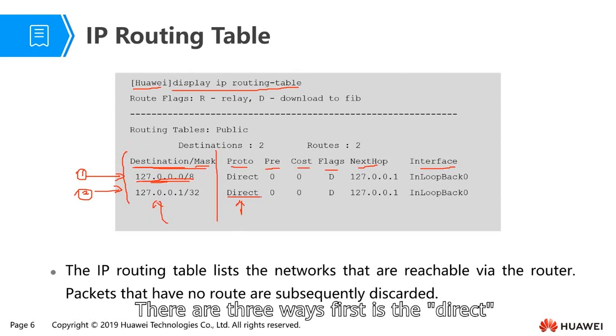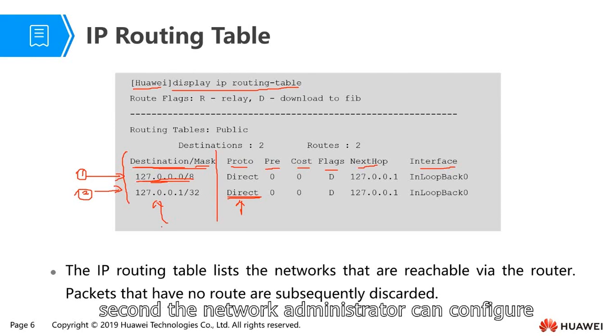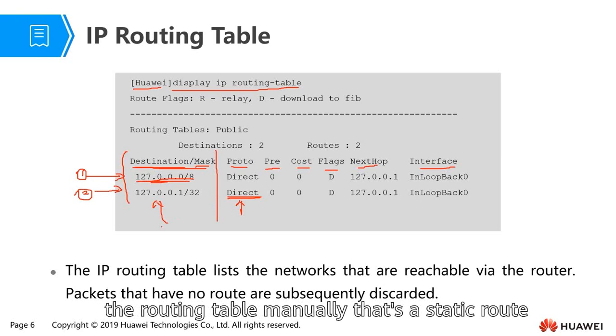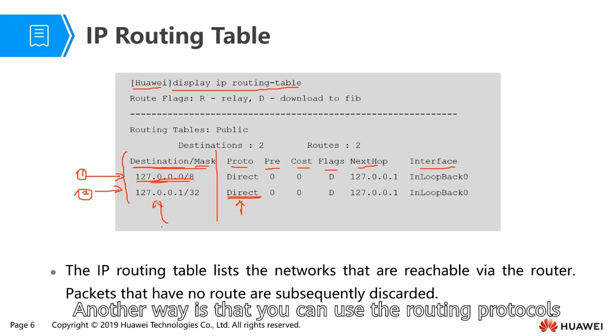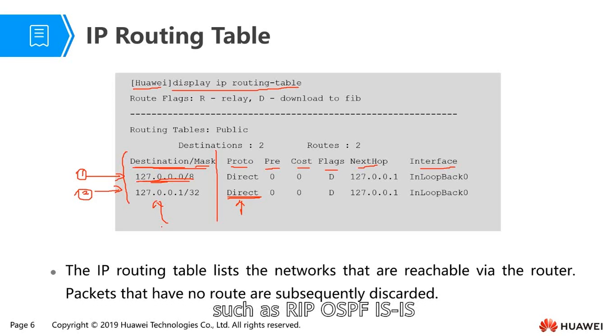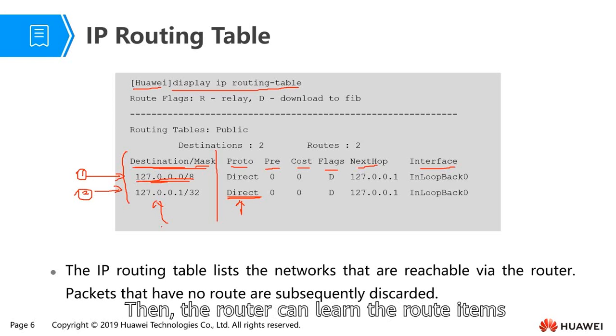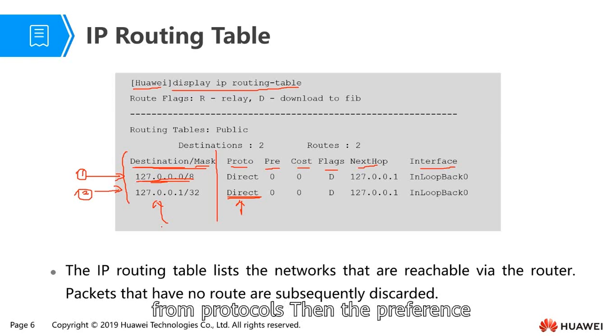First is direct. Second, the network administrator can configure the routing table manually. That's a static route. Another way is to use routing protocols, such as RIP, OSPF, and IS-IS. There are many different protocols, and the router can learn the route items from these protocols.